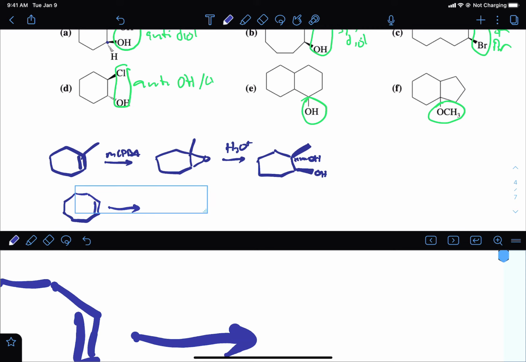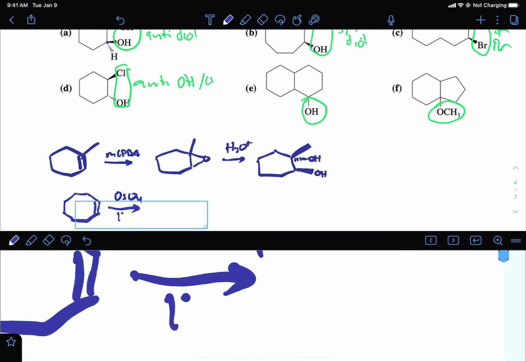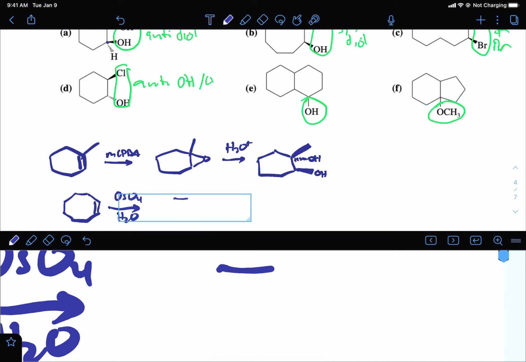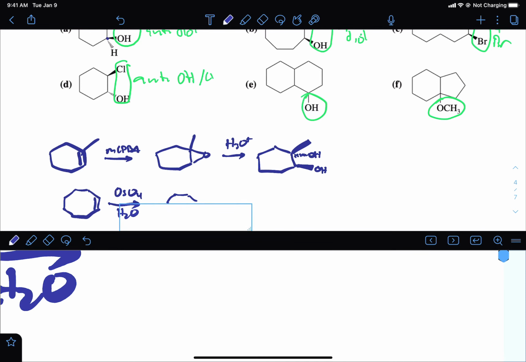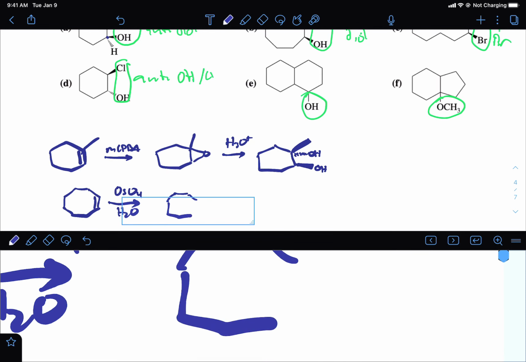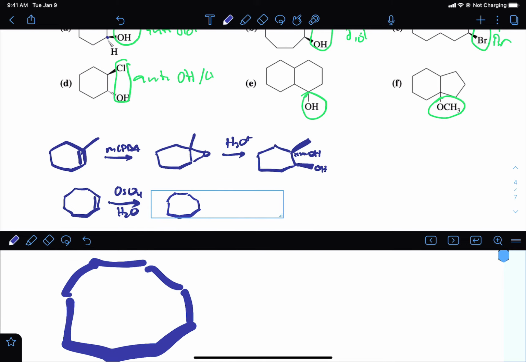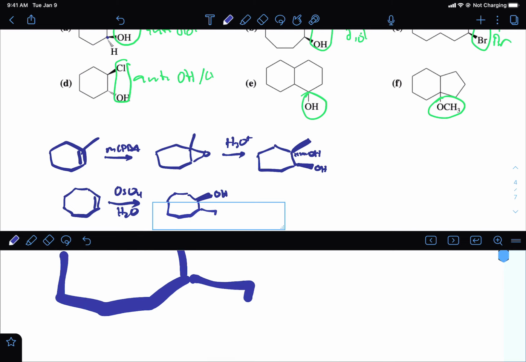We're going to use OsO4 and H2O2. And we get the syn diols.